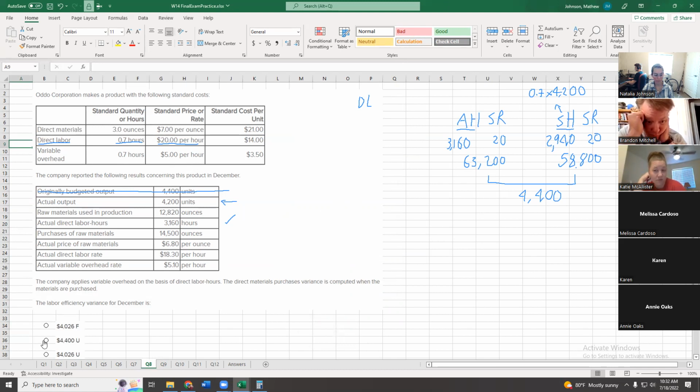Yeah. And you can also see it with the standard hours and actual hours. The actual hours were 3,160 and the standard was 2,940. So they used more hours than they should have. So that's unfavorable. Okay.